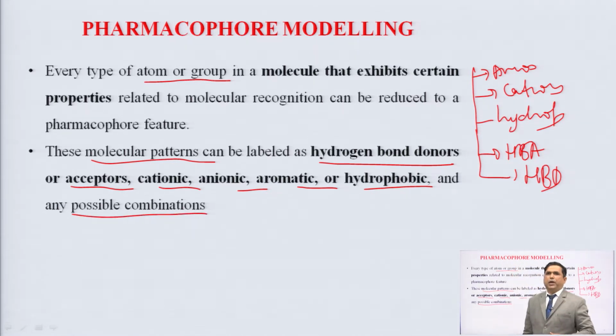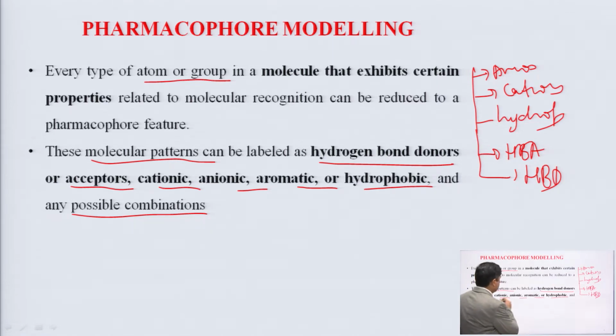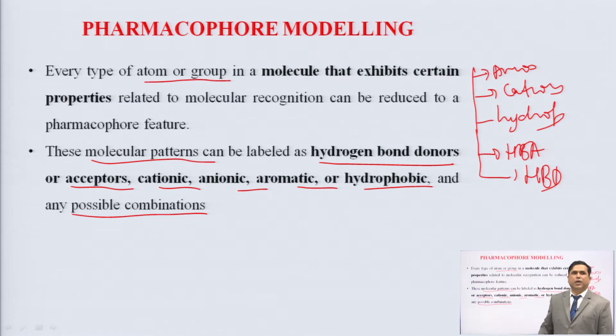So, if we have a molecule with an aromatic group, or an electron withdrawing group or electron donating group or some other functional group, these are together called hydrogen bond donor, hydrogen bond acceptor, cationic properties, anionic properties, aromatic properties and hydrophobic properties.